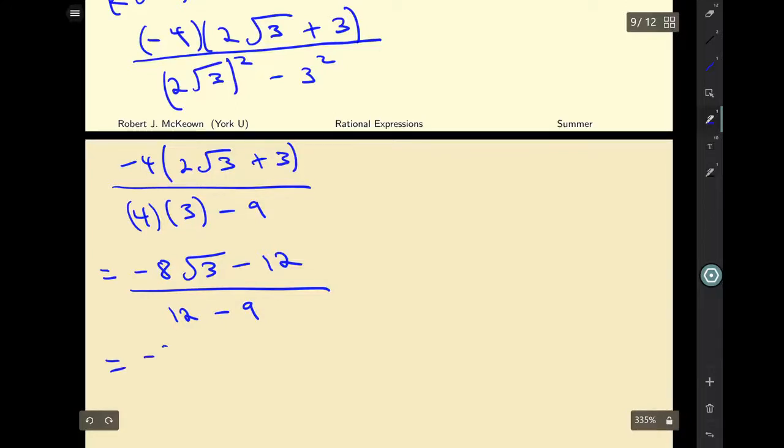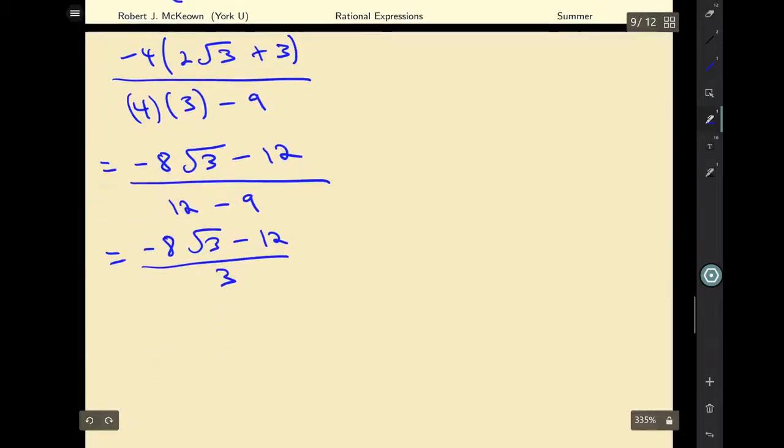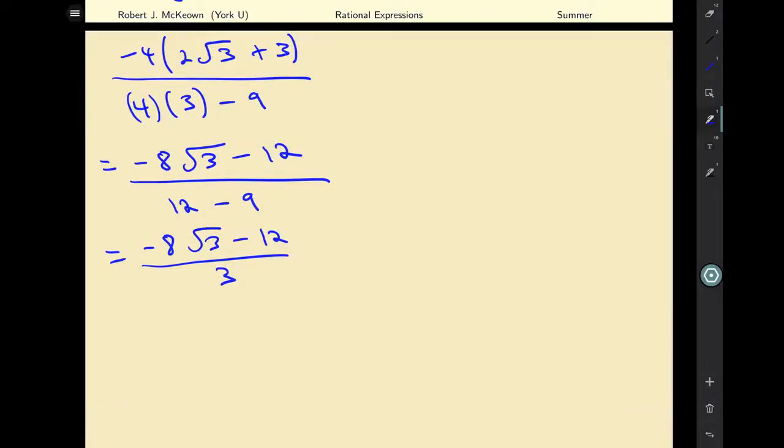And over 3. And I look at the numerator. I guess maybe I should not have brought the 4 into the bracket, so I can factor out a 4. I'm going to have negative 4 square root of 3 minus 3.